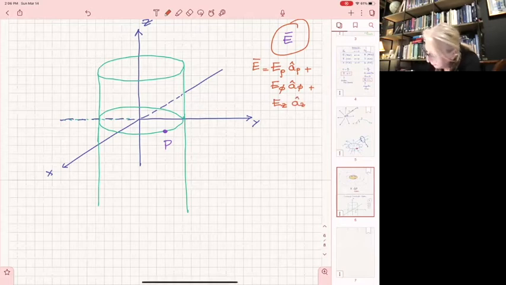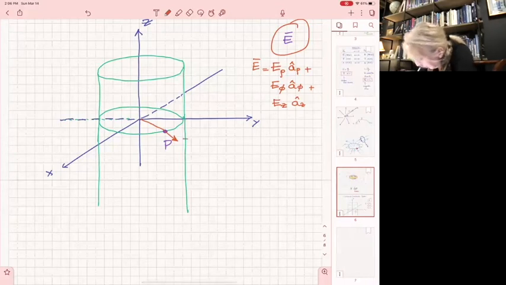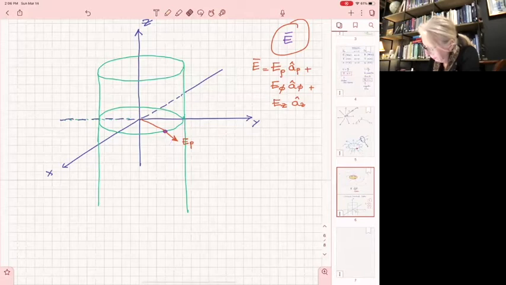So practically, let's assume that my E sub rho, what is the direction of the E sub rho component? To find the direction of the E sub rho, I connect the center to this point P, and it's this direction, and I extend. So it's along the radius. So this is my E sub rho. Let me move P for a second. Then what is my E sub phi?